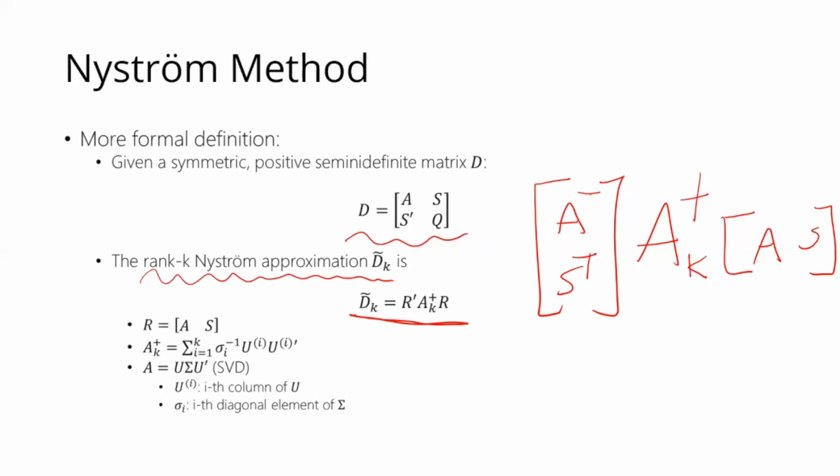And this is what is called a rank K Nystrom approximation, D_K, of the original distance matrix D.